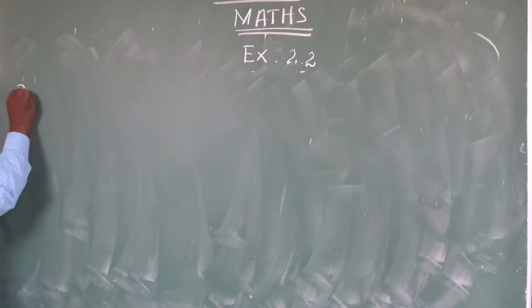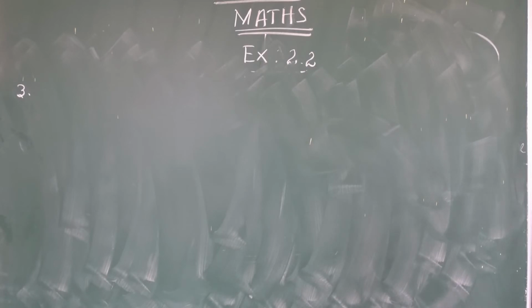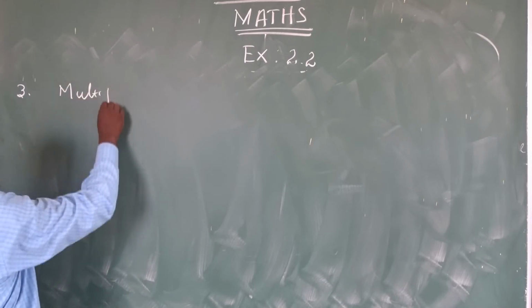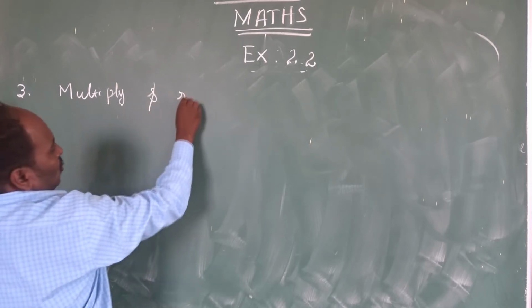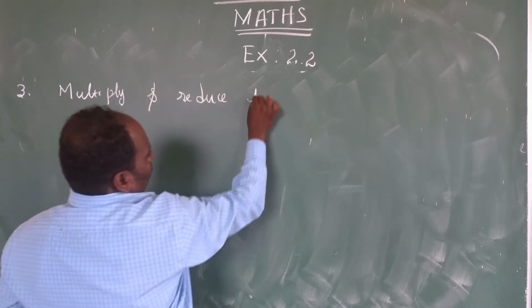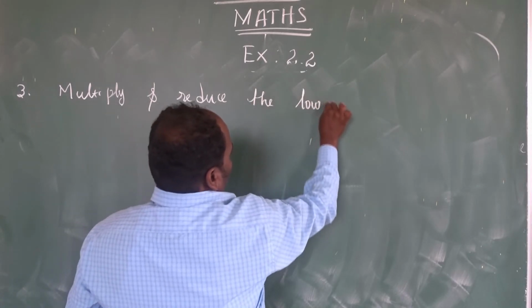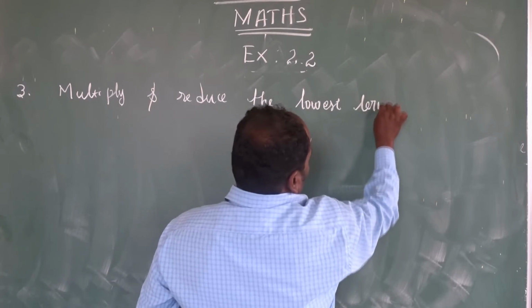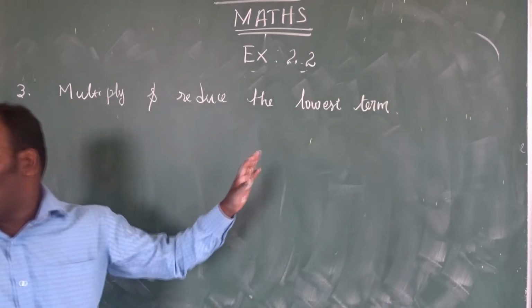The third one is: multiply and reduce to the lowest term.